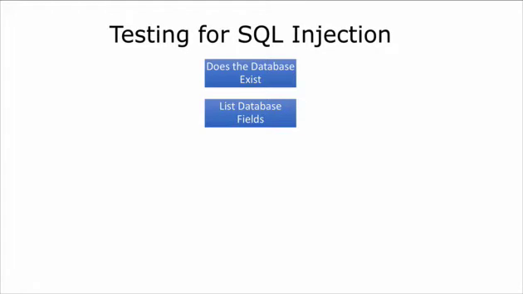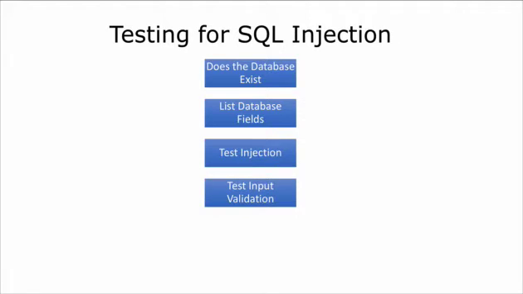We then follow that with listing the database fields, and by that I mean we enumerate the database name, the database tables, and the columns in each table. We then test for injection. In other words, can we change the integrity of the data? Can we put commands or scripts into the database that will then run in the browser, or in some cases run as a blind SQL injection?